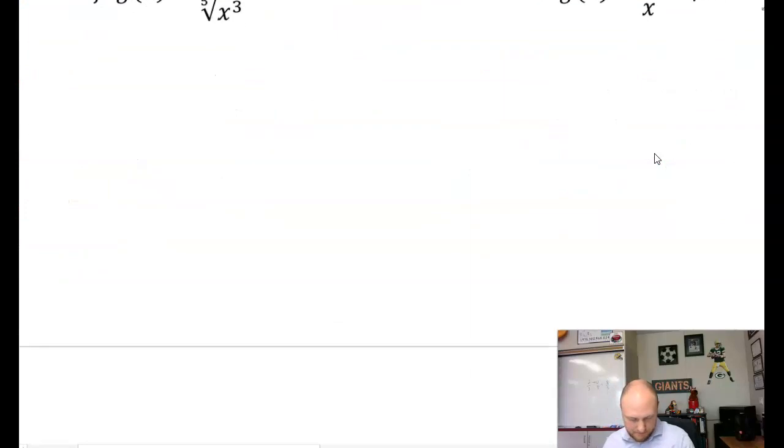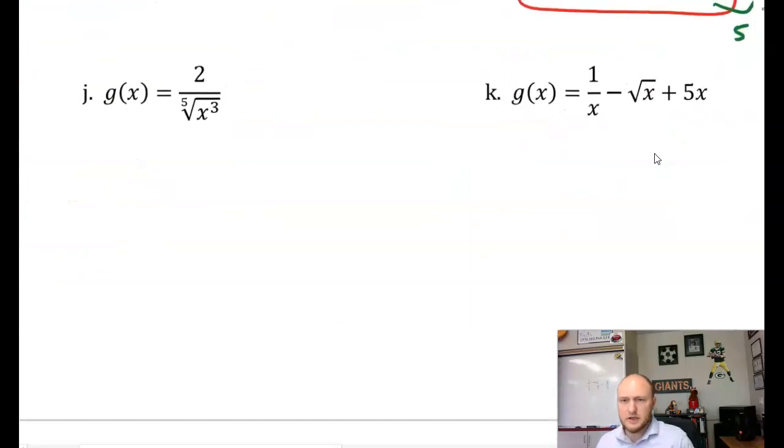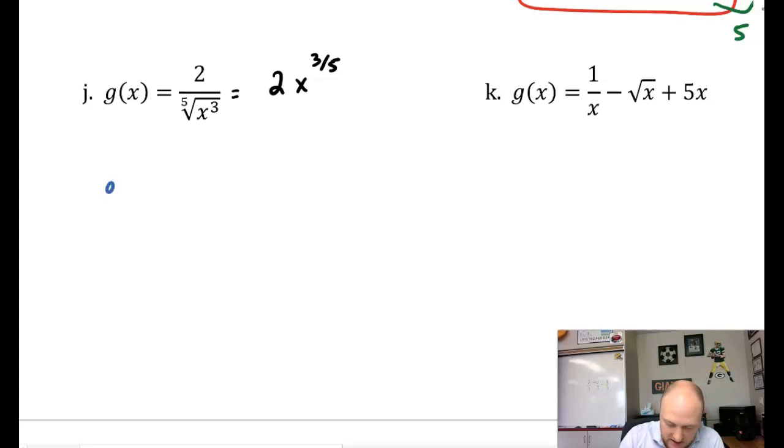Okay. All right, last row here. Here's where we start to get weird and add in more terms. So G of x, this is 2 times x to the power of 3/5. And so I'm going to differentiate this. G prime of x. Don't forget your notation, G prime. Make sure you write that. I'll multiply by 3/5. So 2 times 3 gives us 6 over 5 x to the power of -2/5.